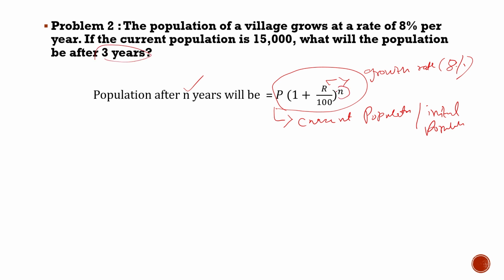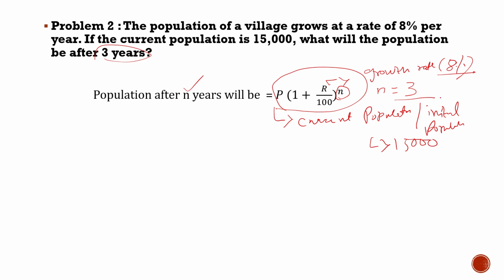So n is 3, right? And the initial population is given as 15,000. So you have the growth rate R, 8%. You have to find out the population after 3 years.